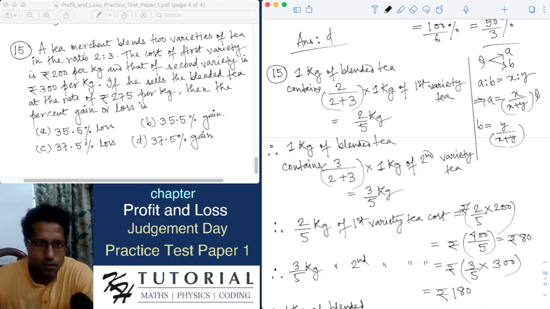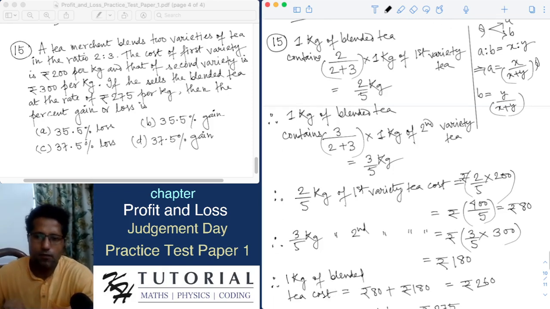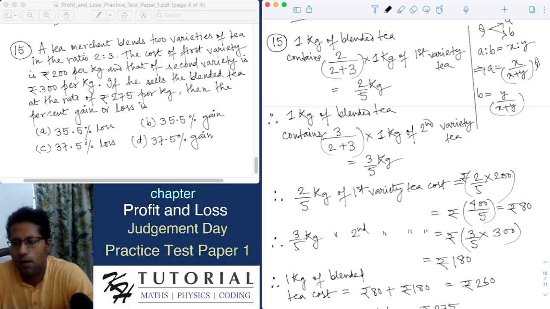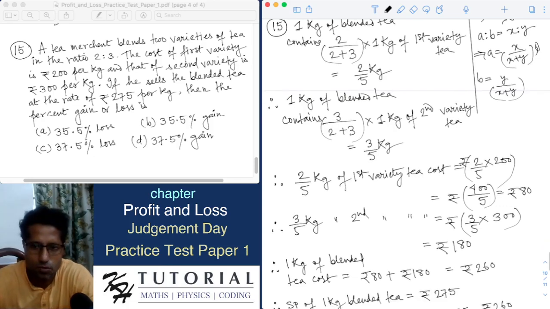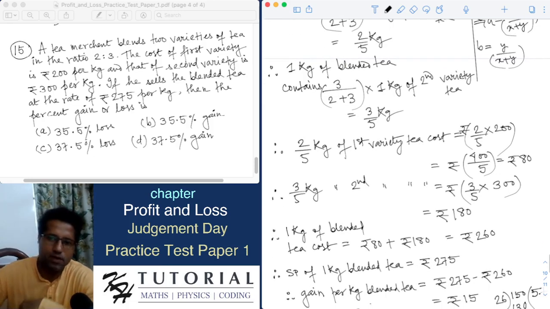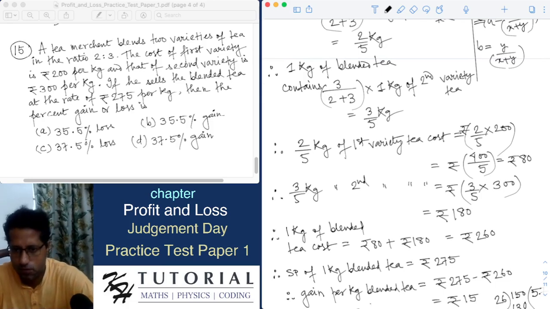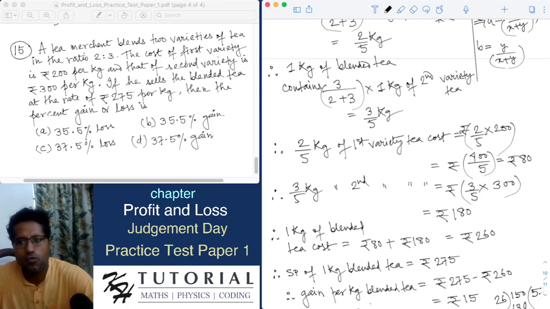And the cost of the second variety will be 3 by 5 kg into 300, which is 180. So the cost price of 1 kg of blended tea is rupees 80 plus rupees 180, that is rupees 260.